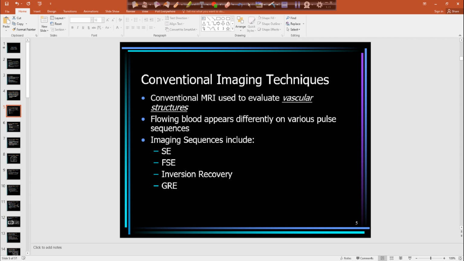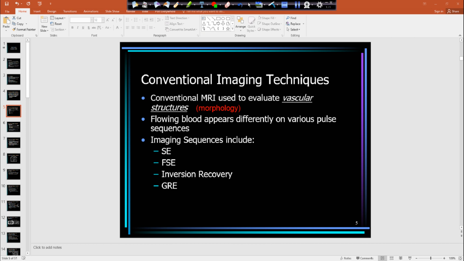Once again, conventional MRI is used to evaluate vascular structures, so morphology. So we use different imaging sequences.